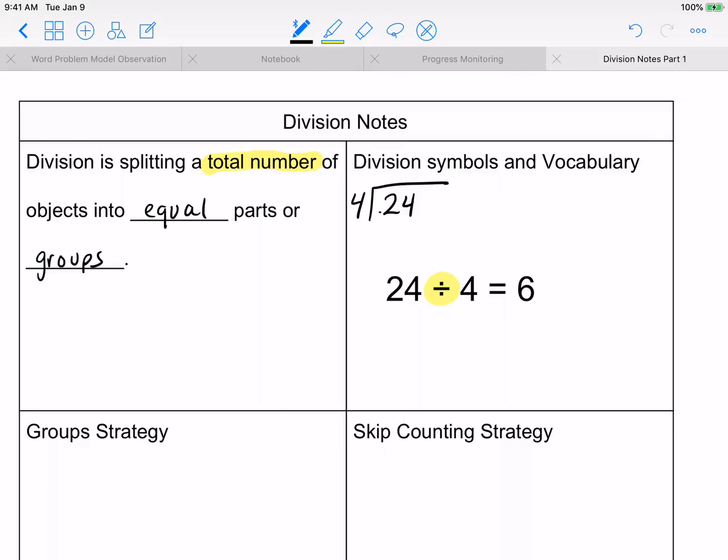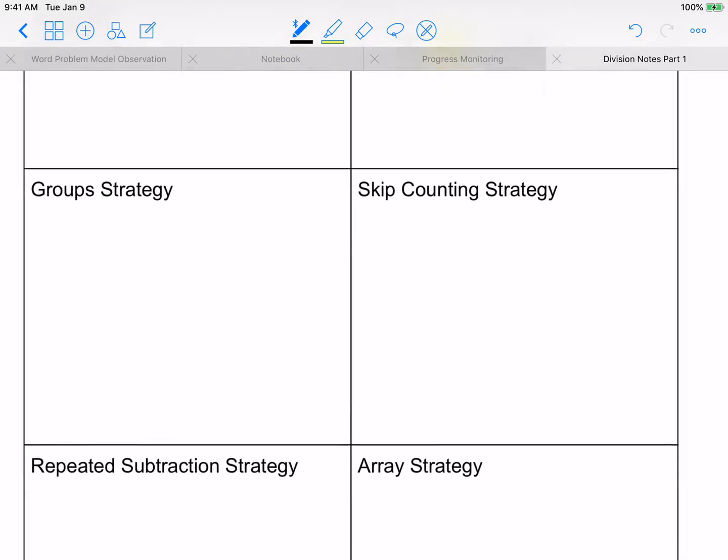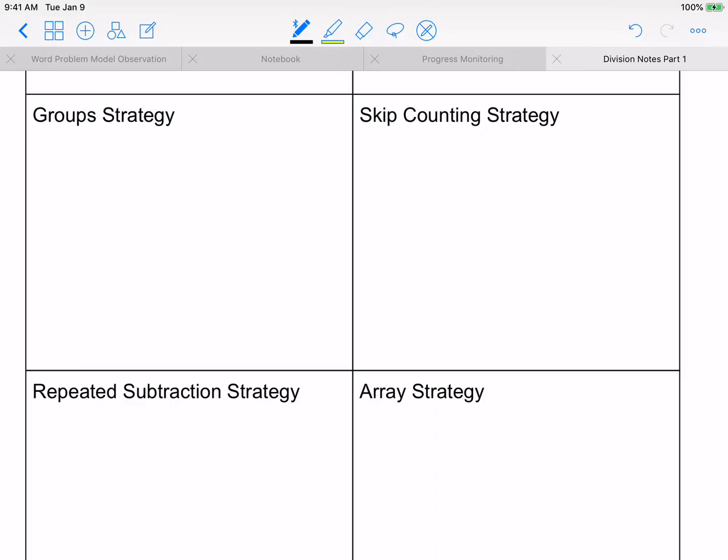Okay, that's another way to write the division symbol. Or you also might see, looks like that, kind of like a fraction. So those are different ways that we can look at the division symbols that you just might come across at some point. So there's lots of strategies we're going to use to solve division problems.